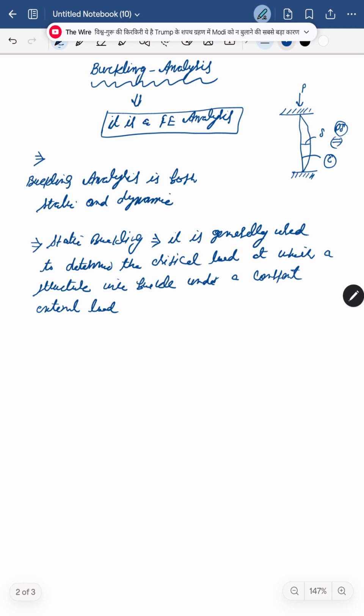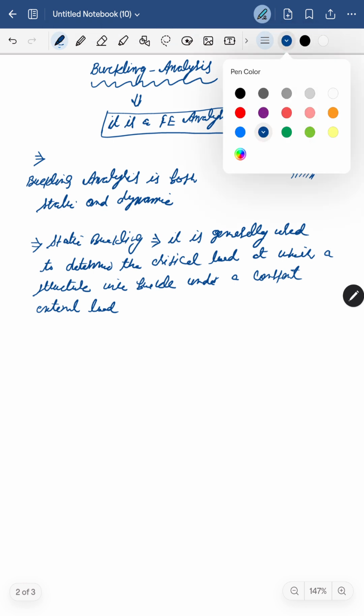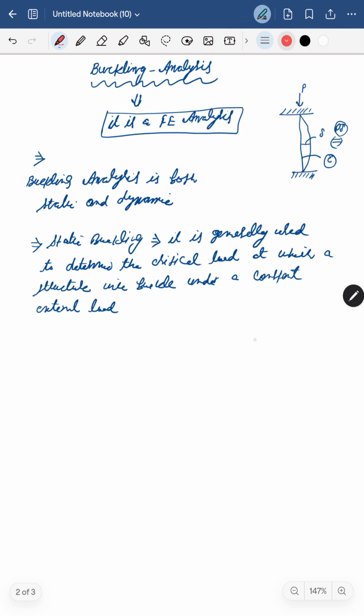The meaning of this is, suppose this is your fixed column, and we apply the load, and due to this load the column will buckle like this. So this is a static analysis.